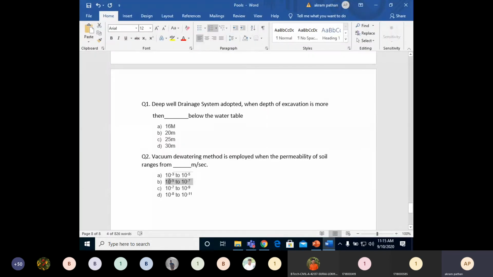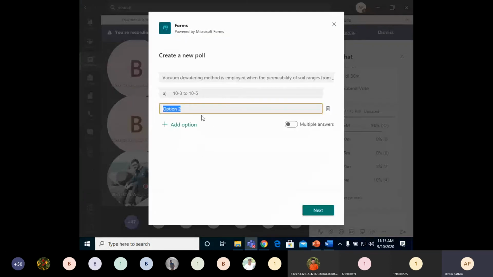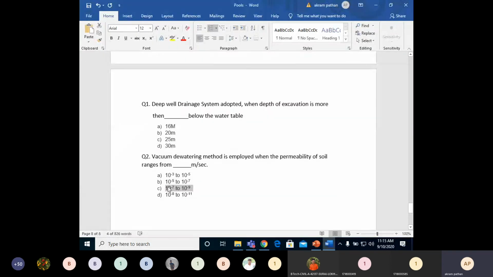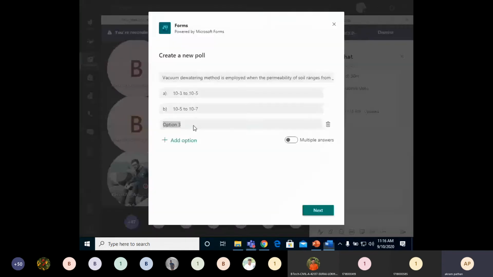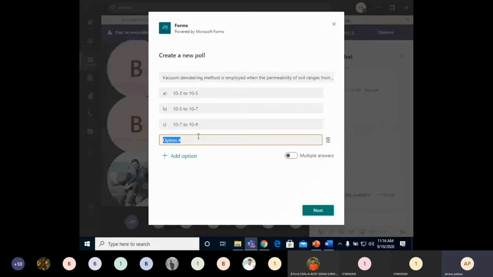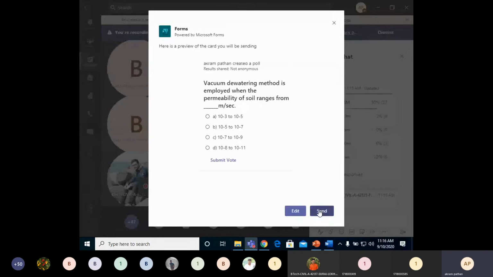The second option is 10 raised to power minus 5 to 10 raised to power minus 7. The third option is 10 raised to power minus 7 to 10 raised to power minus 9. And the last option is 10 raised to power minus 8 to 10 raised to power minus 11. So these are the two questions.